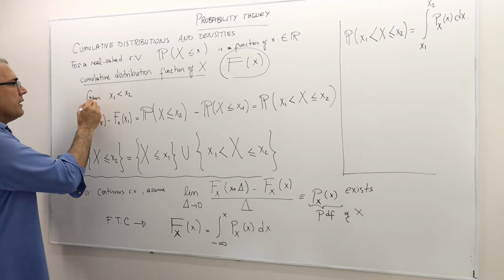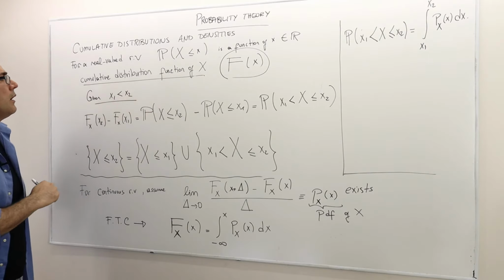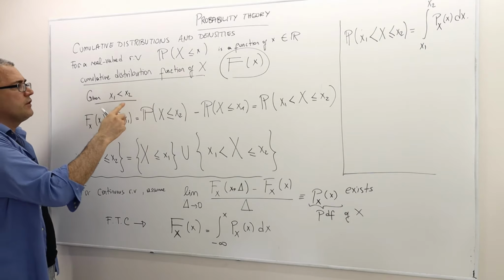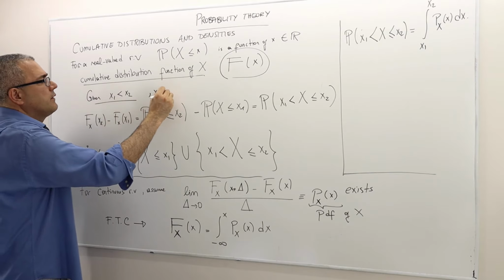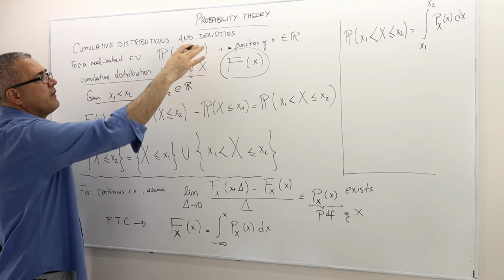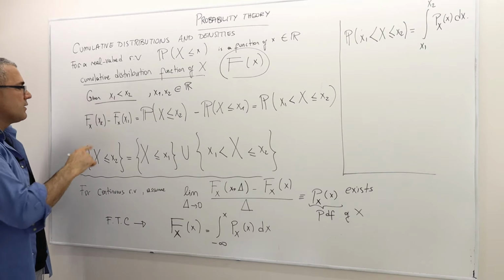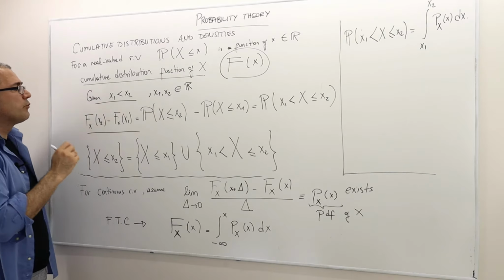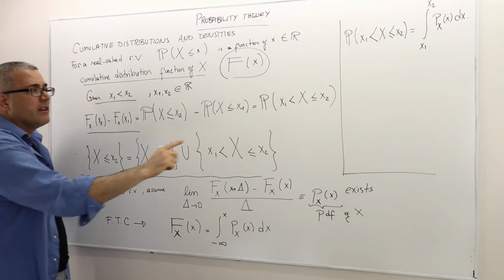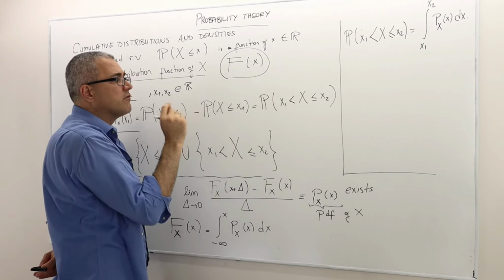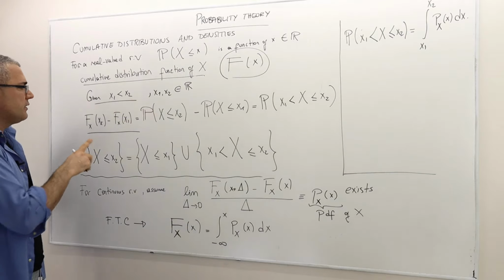All right, so given two real numbers, x1 and x2, we calculate the probability that my random variable is in the range of x1 and x2 as follows.